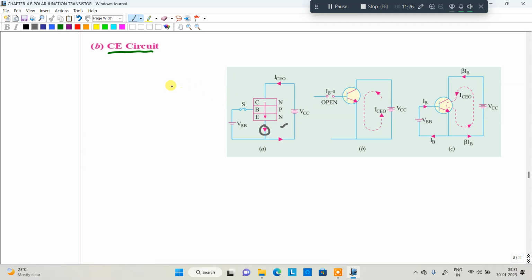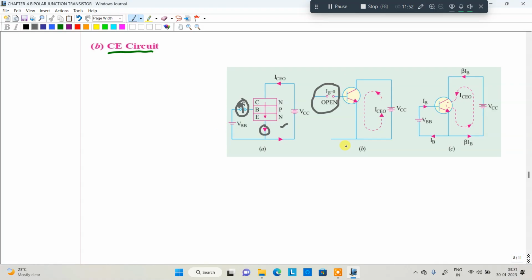In this case, what we do is open circuit the input. I don't want to repeat all the discussion again; the same thing we did in the base case, we do here also. The particular switch is open circuited. Whenever this switch is open circuited, the base current is equal to 0.